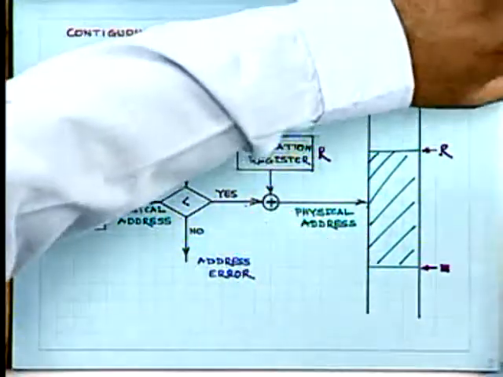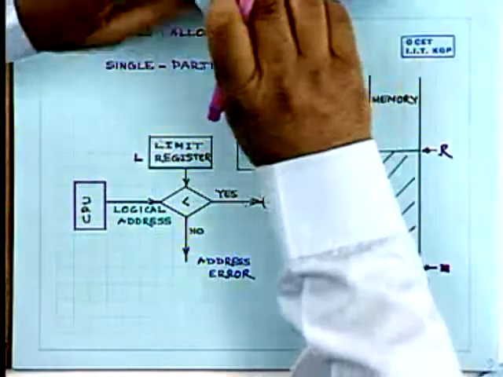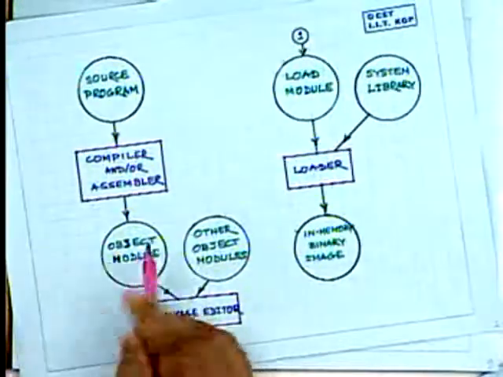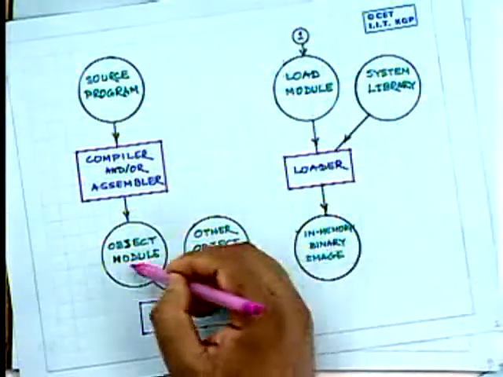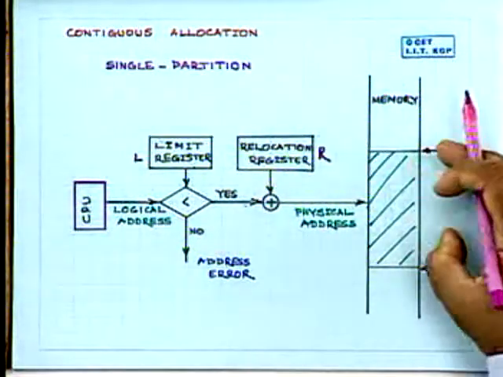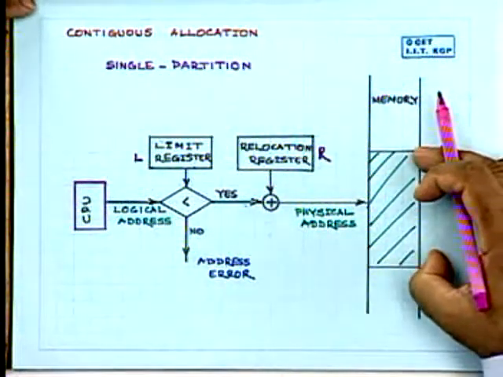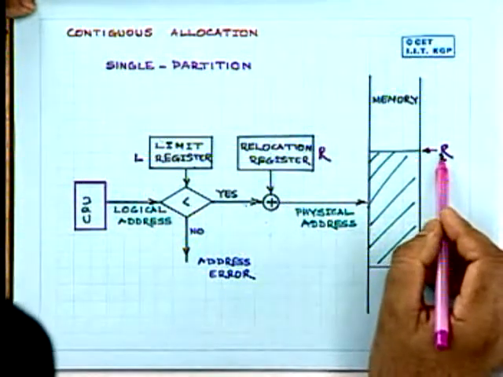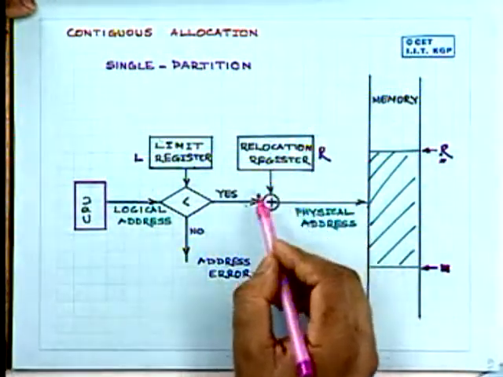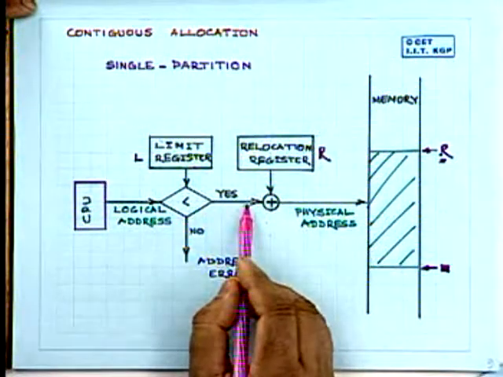Once more, let me tell you that I have almost interchangeably used the terms object module and binary image module. What I exactly mean is a program in executable form, kept in the memory. Now, this relocation register value R is added to the logical address to generate the physical address.